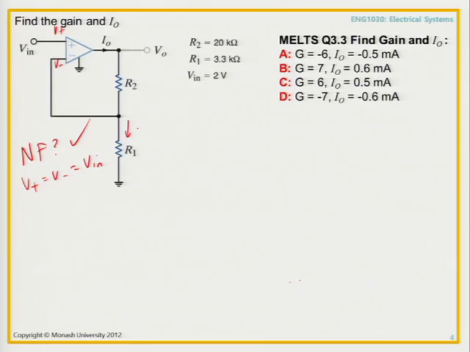Well, you look at the currents, I1, I2, I minus, and we write KCL. Let's call this node A. At A, KCL gives us I1 plus I2 plus I minus equals 0. So I1, now remember how we calculate the current defined in the direction of the arrow.